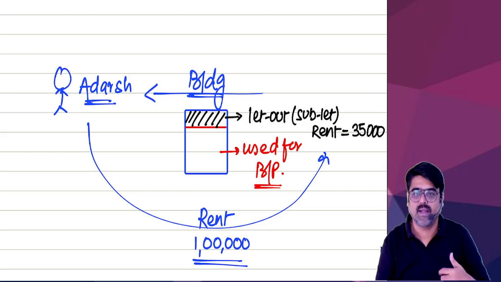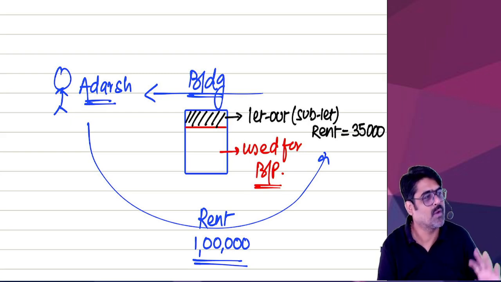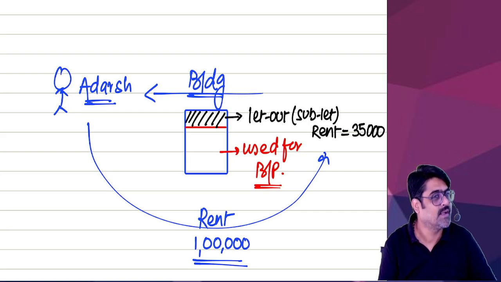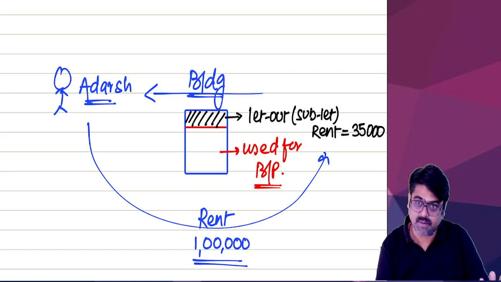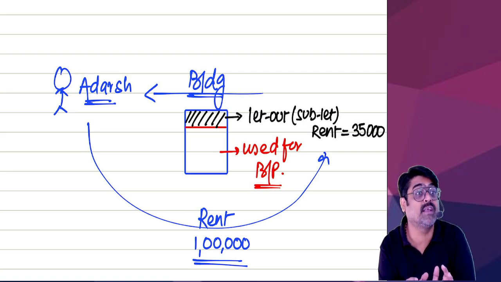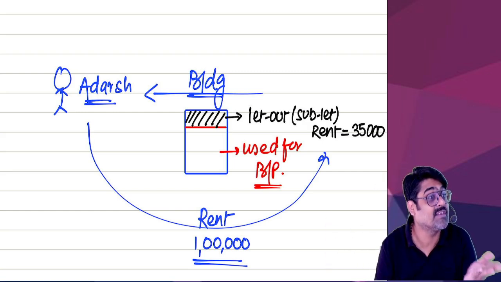He called me and told me, sir, you are a chartered accountant. If you want to open an office, I have some extra space available. You can open your office in this extra space available with me. Even if he is not the owner of the property, but some part of the property he is giving on rent to someone else, yes or no? That is known as subletting.